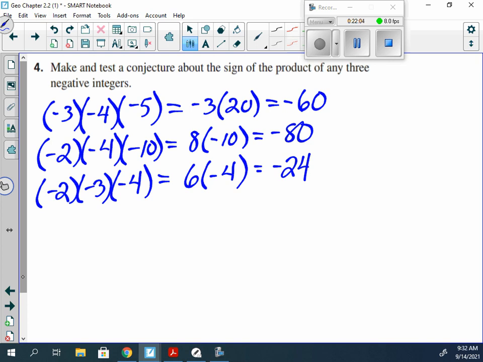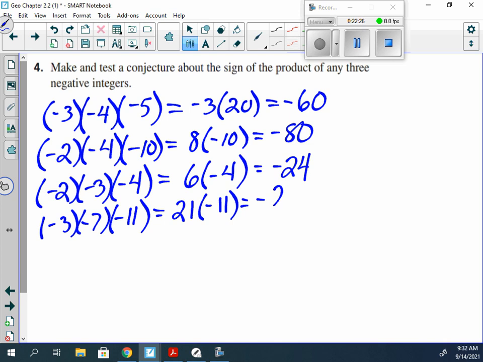Because I could have picked 3 odd numbers, and it would have given me an odd. So I could say -3, -7, and -11. Well, -3 times -7 would be 21. Times -11 would be -231. Which would be an odd number. But it still holds true that it is negative.